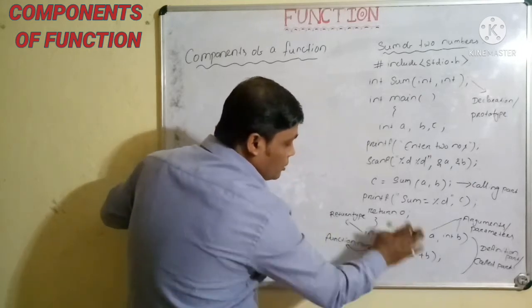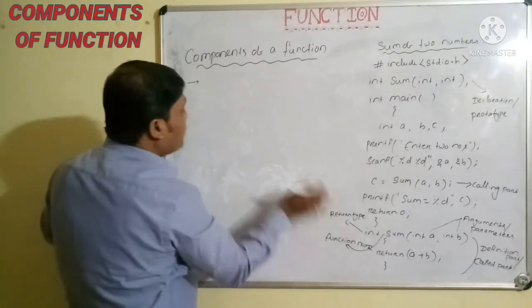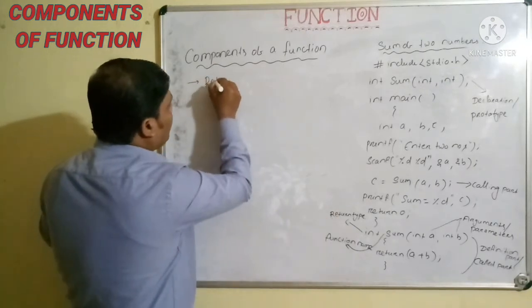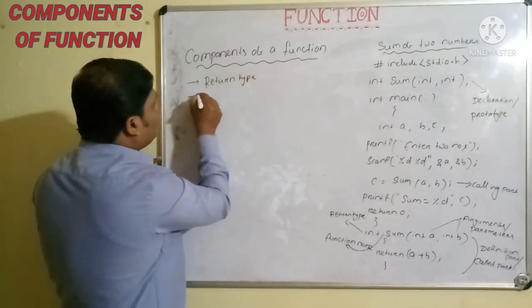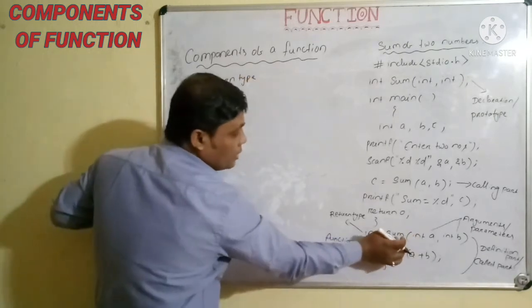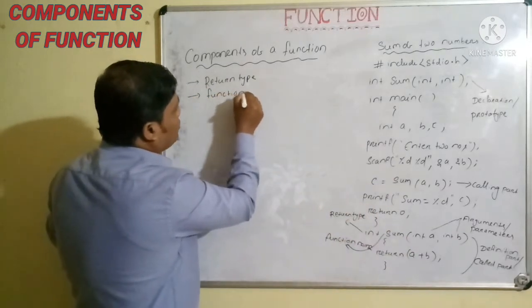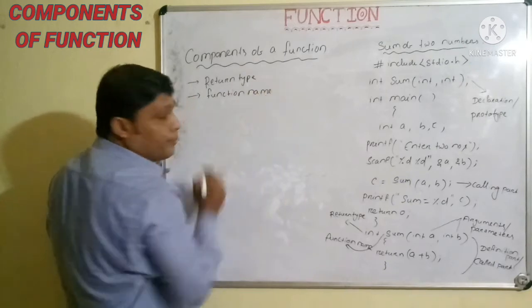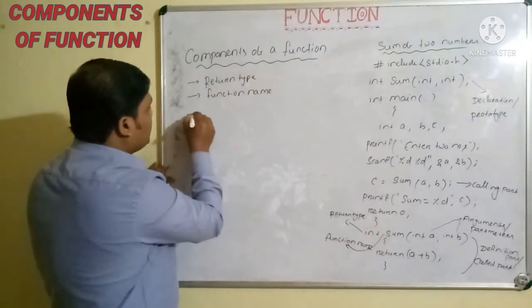Clear? So a function has the following components. First one is the return type. Second one is the function name. Third one is arguments or parameters.